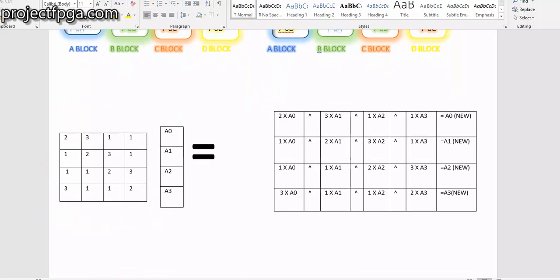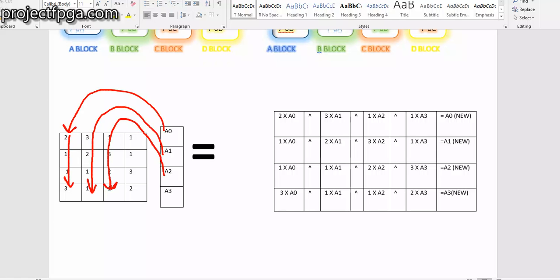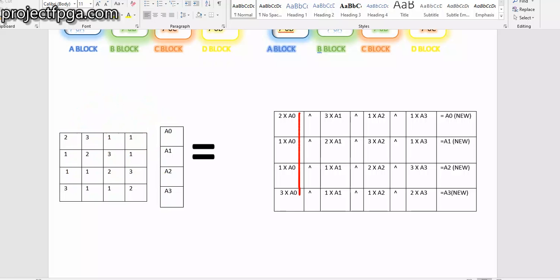If I select block A, I'm going to use this A0 to multiply everything down here, and I'm going to use A1 to multiply everything here, and A2 to multiply everything here, and A3 to multiply everything here. So this is what I've done here. This is the A0 multiplying everything in the first column, A1, A2, and A3.